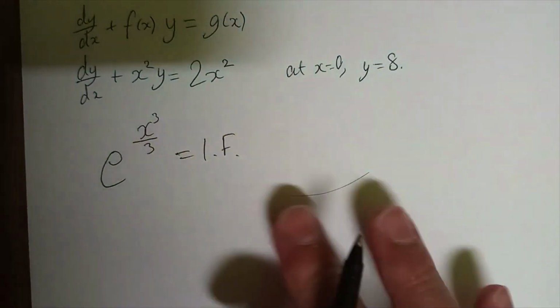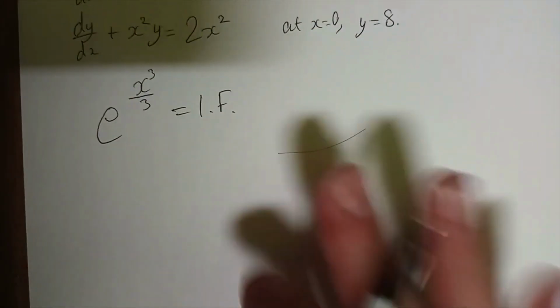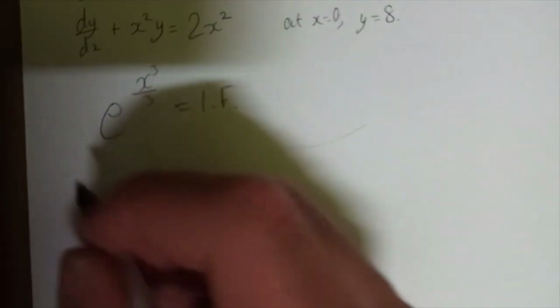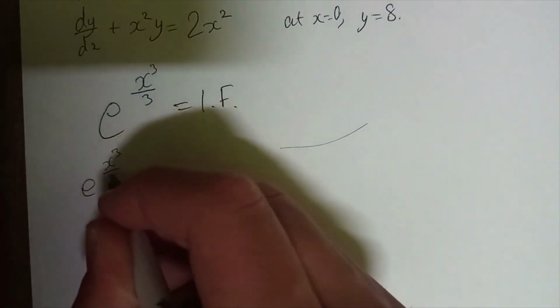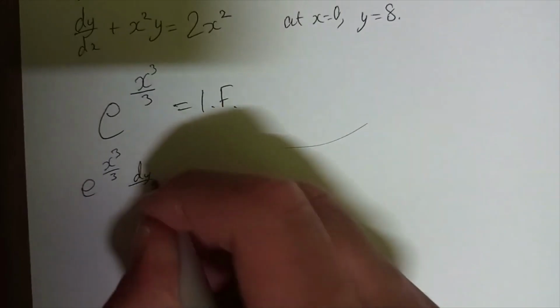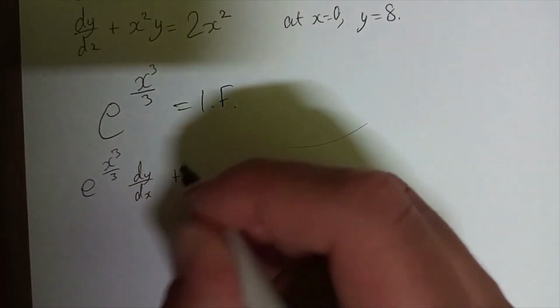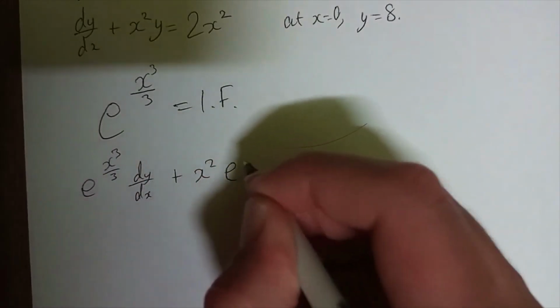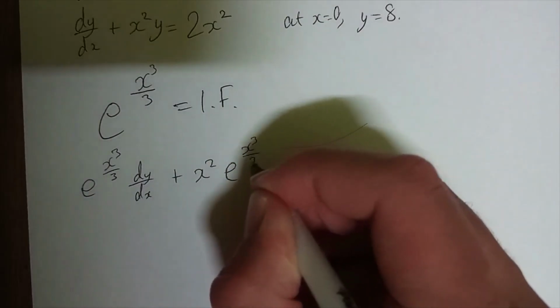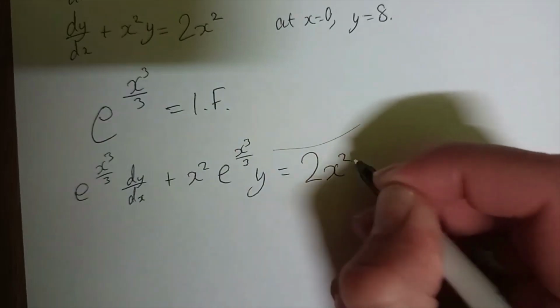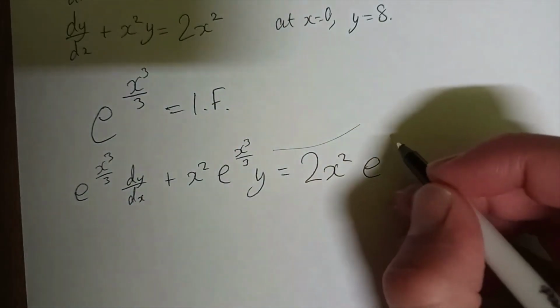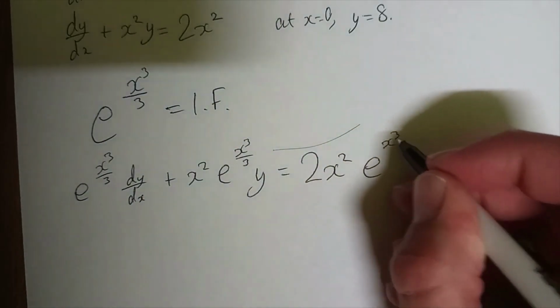Okay, so now we multiply both sides of our differential equation by our integrating factor: e to the power x cubed over 3 times dy/dx plus x squared e to the x cubed over 3 times y equals 2x squared times e to the x cubed over 3.